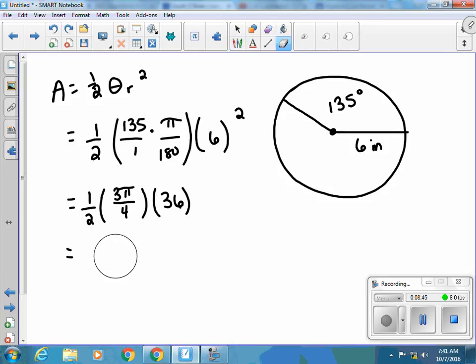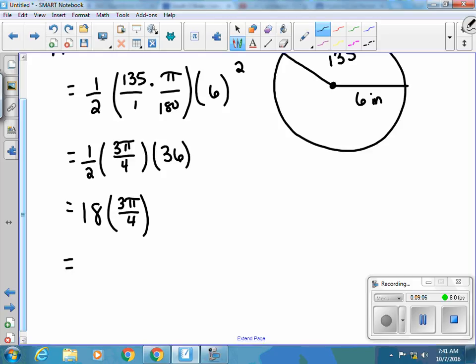Not 12, oh my goodness, it's 18. Then I've got 3 pi over 4. So I'm going to go ahead and multiply that. And I got 13.5. Again, leaving it in terms of pi. So I've got 13.5 pi inches squared.